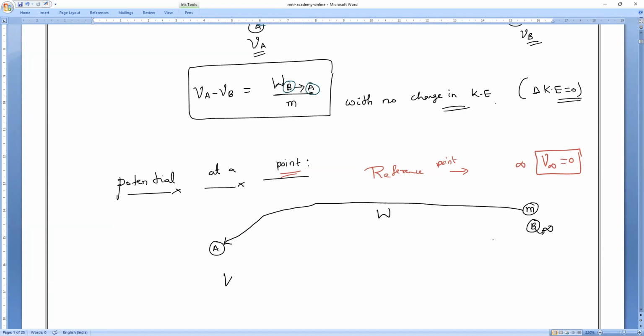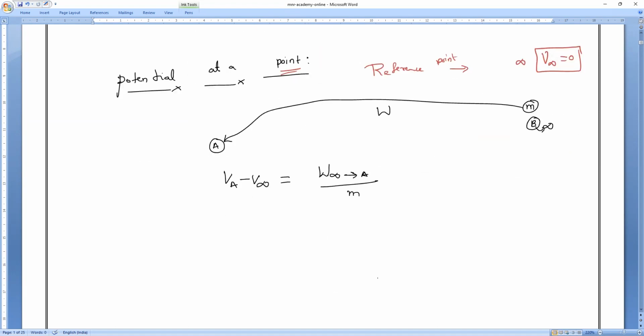So VA is final and this is initial. VA minus, what is the initial? Initial is V infinity. B means infinity only. So this is equal to the work done to carry mass M from infinity to point A divided by mass M. As I said, the potential at infinity is equal to 0.